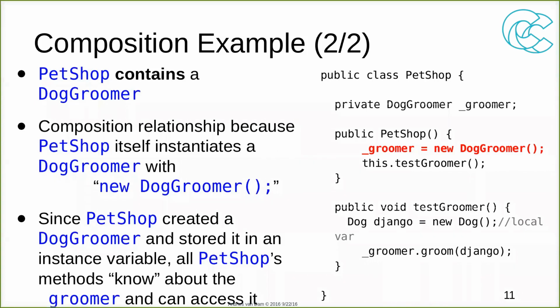If P1 no longer exists, then the groomer now works at only two locations. So with respect to pet shop, it will still be a composition, as long as you create the instance within the constructor.